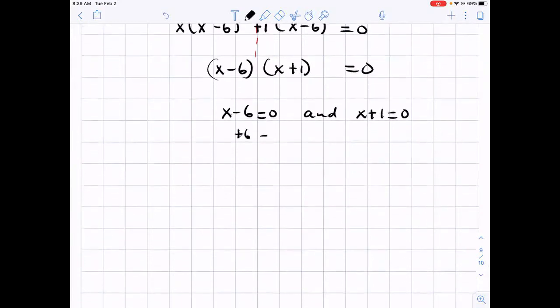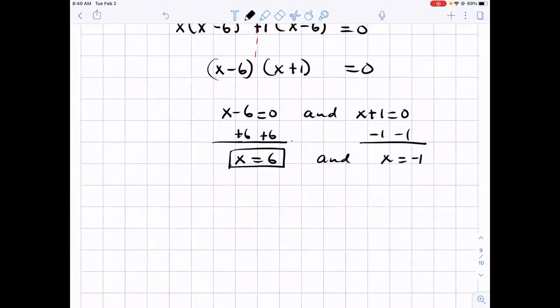So we add 6 to both sides. So we have x equal to 6, and minus 1 on both sides, x is equal to negative 1.